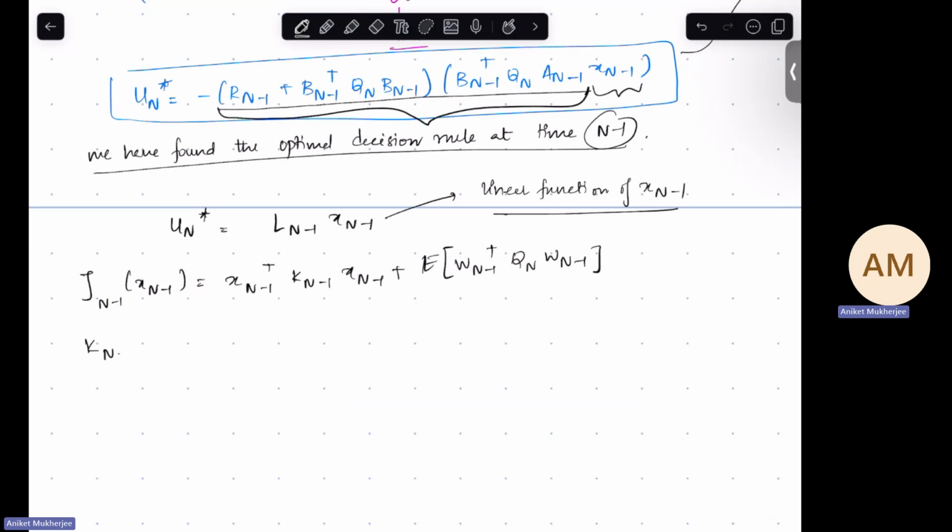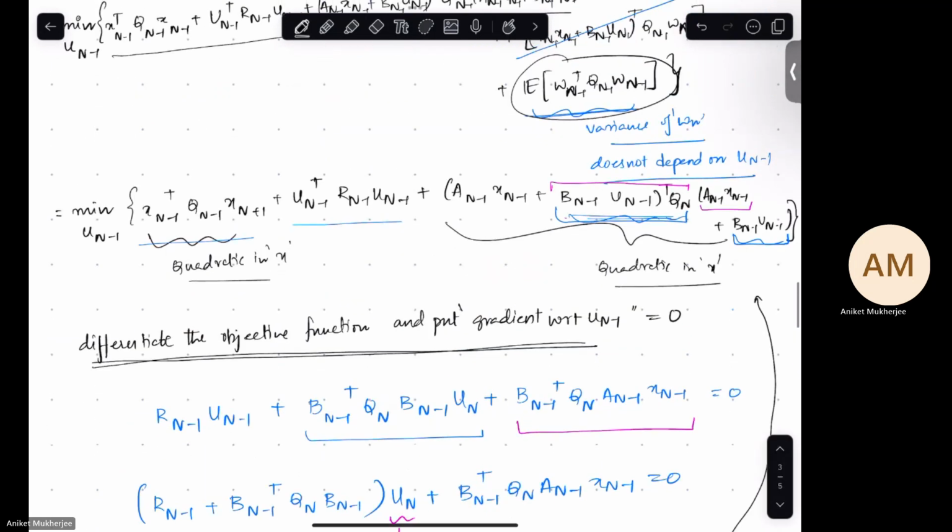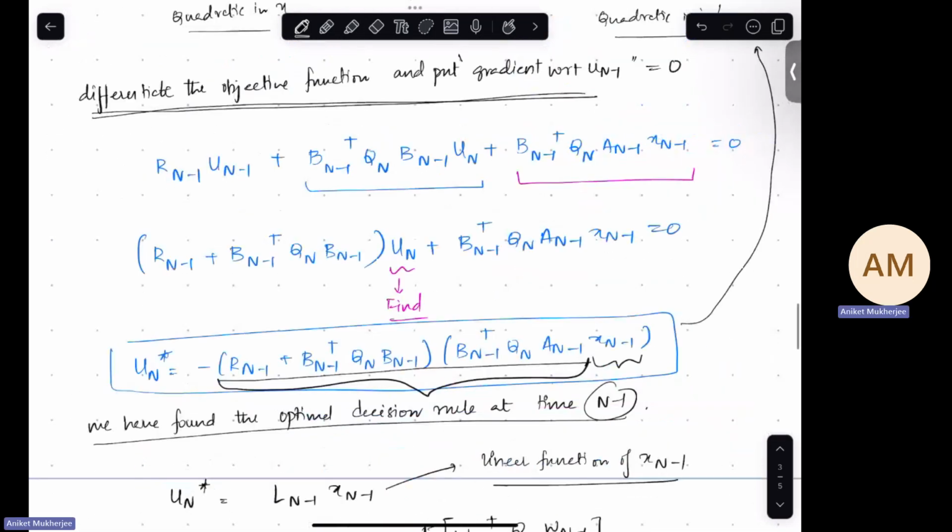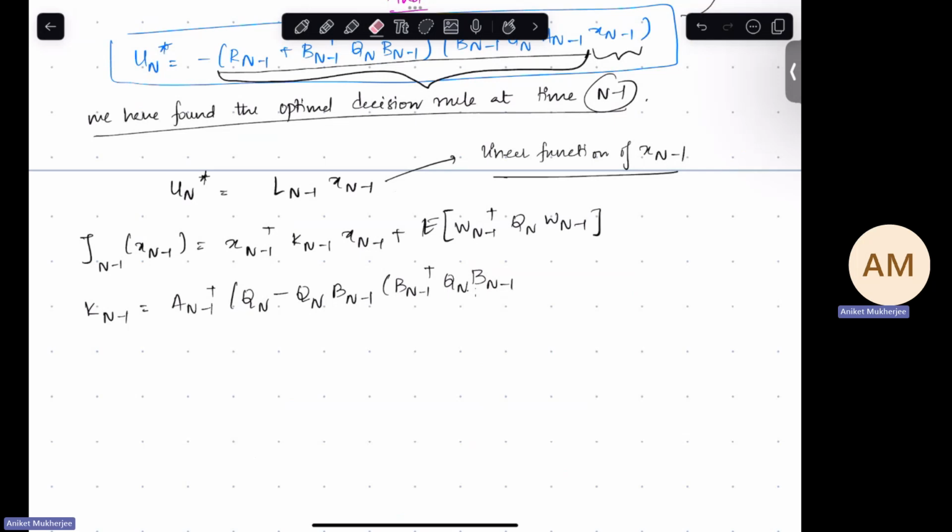And where Kn minus 1 is An minus 1 transpose Qn minus Qn Bn minus 1 times Bn minus 1 transpose Qn Bn minus 1 plus Rn minus 1 whole inverse, Bn transpose Qn into An minus 1.